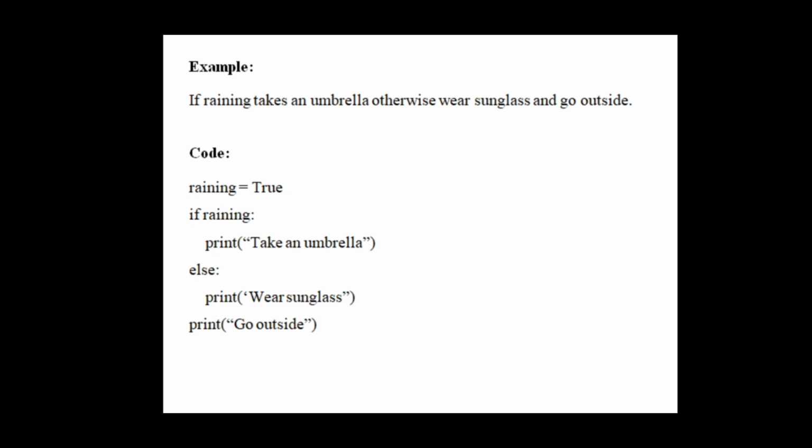In the first line, if raining is equal to false, the rest of the code remains the same. Since raining is false, the if block will not execute, so directly wear sunglasses, go outside. So if raining is true, take an umbrella, go outside. If raining is false, wear sunglasses, go outside.